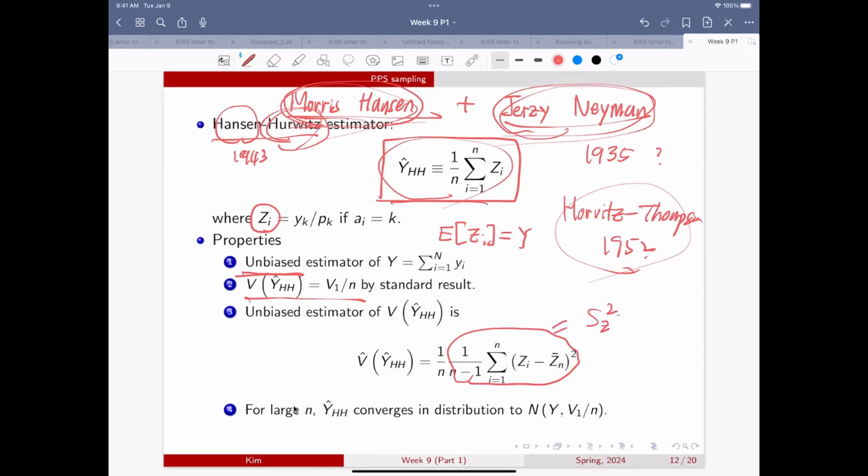And if your sample size is large, then you should get the central limit theorem, and obtain confidence intervals and things like that. So that is a fundamental result, in the sense that in the purely design-based approach, you can develop statistical inference with unequal probability sampling. So in that sense, this is very useful.